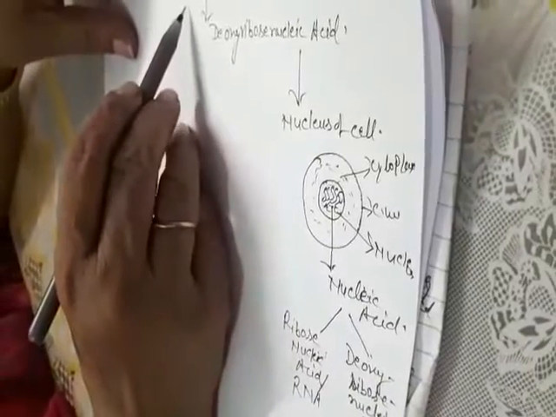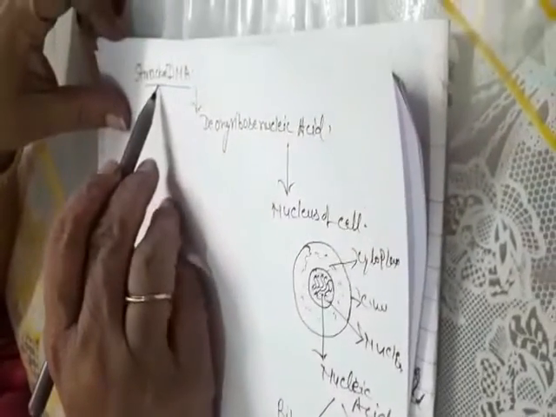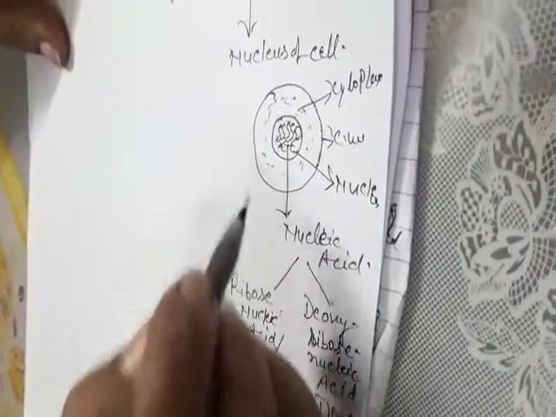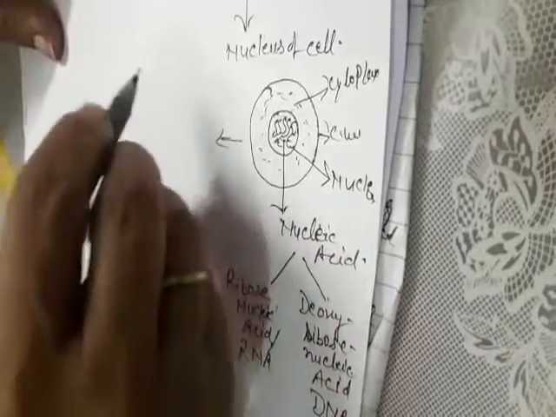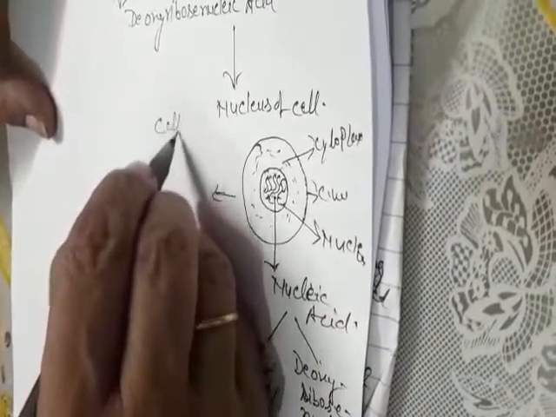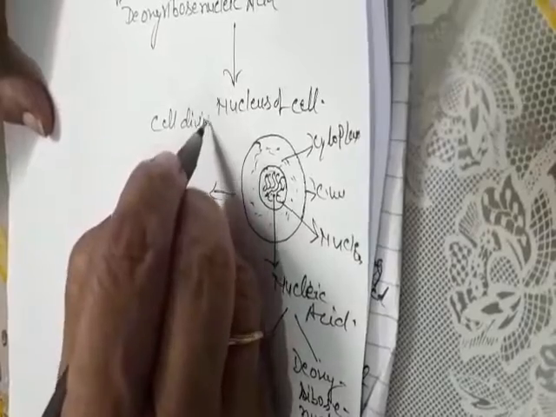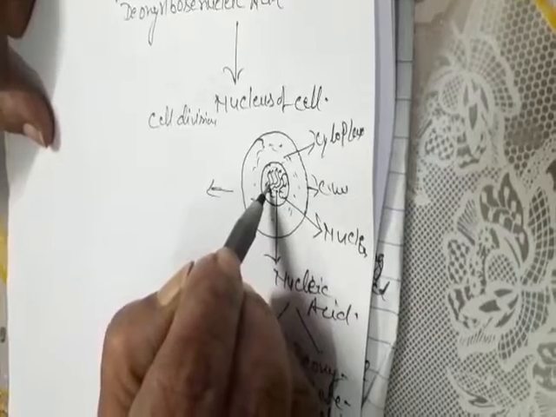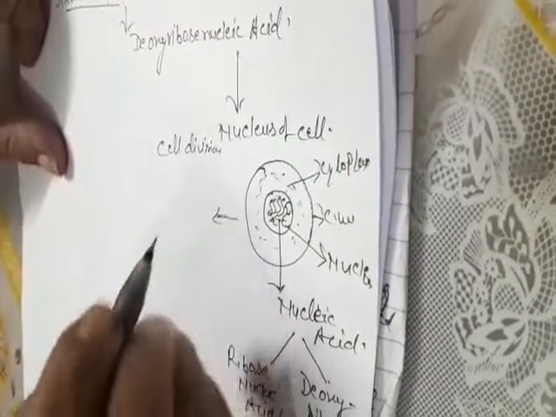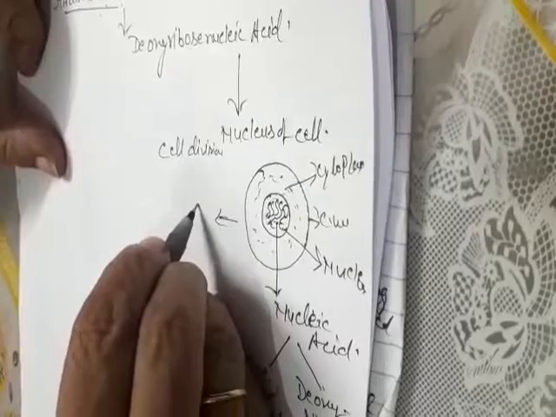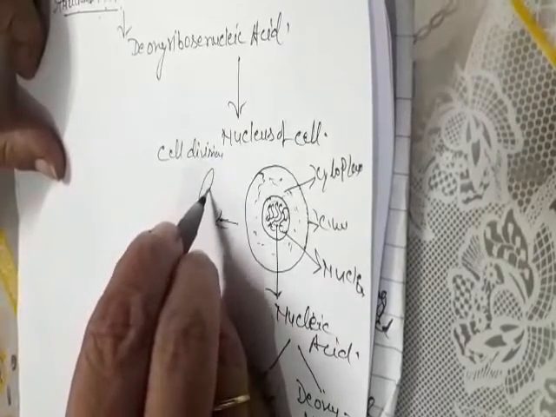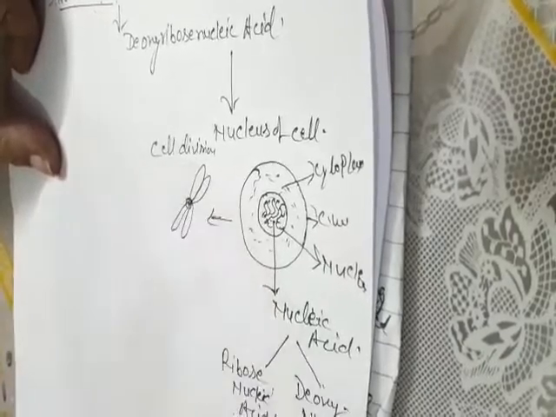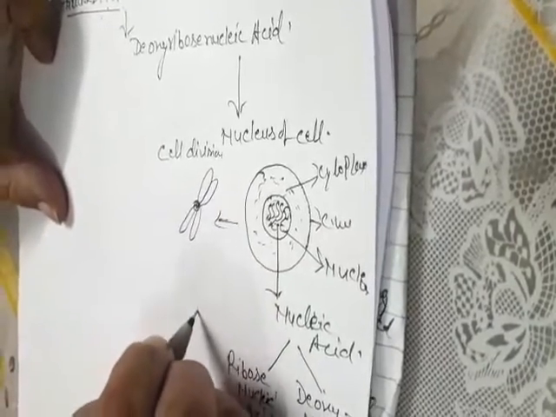Here we discuss the structure of DNA. During cell division, these chromatids condense and form a thread-like structure. This thread-like structure is known as a chromosome. This is the single structure of a chromosome.